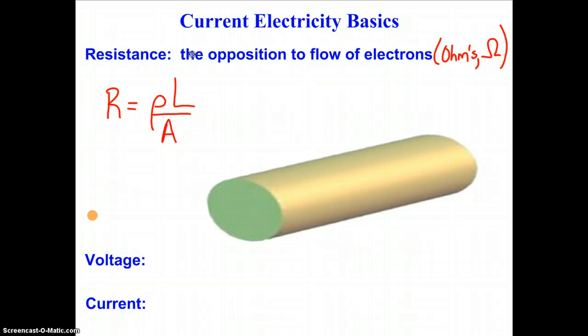Don't confuse resistance to be the same as resistivity. Resistance depends on a number of factors, whereas resistivity is simply dependent on the atomic structure of the material itself. If we were to go and look up values for resistivity, we would see hidden within resistivity is a fourth variable that contributes to resistivity, and that's temperature.